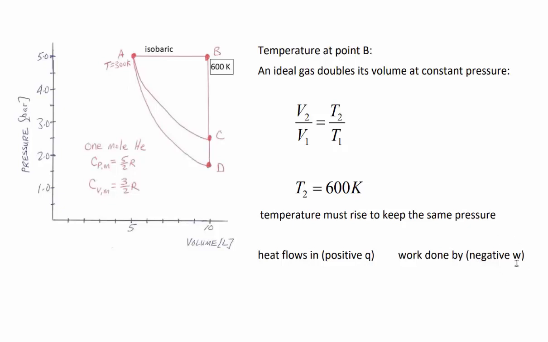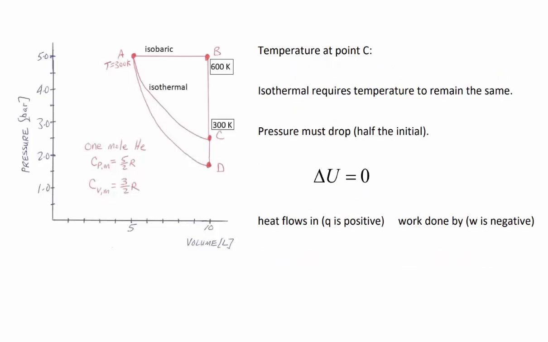That means a negative value for W. And the heat is flowing in from the surroundings. In order to heat up the temperature from 300 to 600, that heat must come from the outside. And so there would be a positive Q. We'll actually solve for these values Q and W in a moment, but for now, let's proceed and find the temperatures at points C and D.